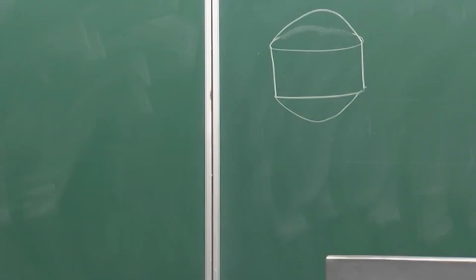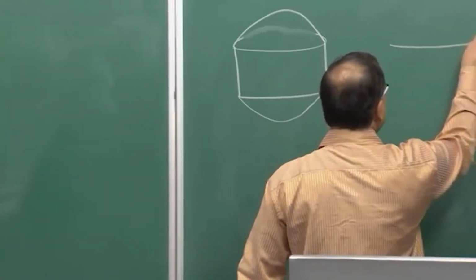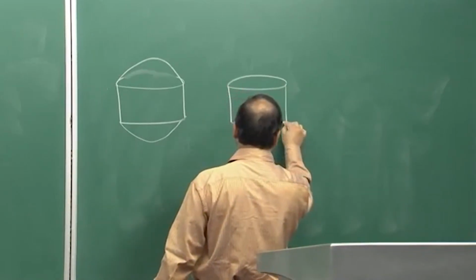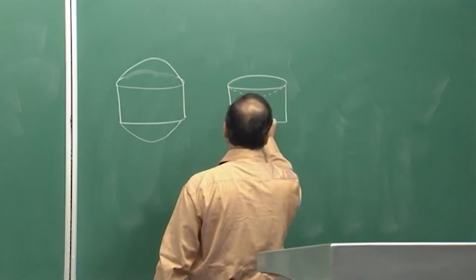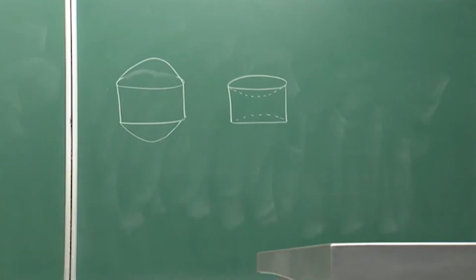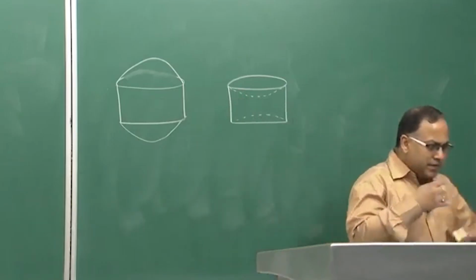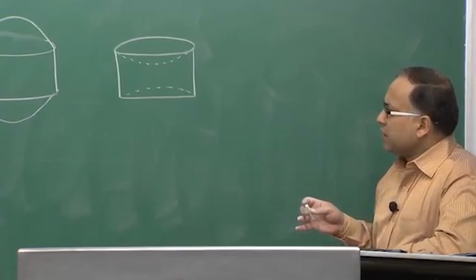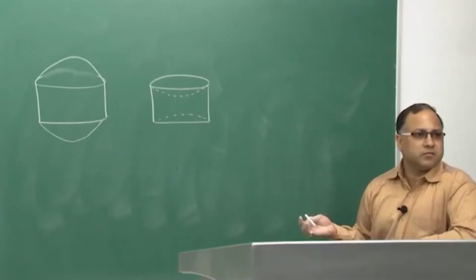Or suppose it is not bulging out, rather it is getting dished in. Some kind of depression you are getting. You may get the bulging out or dished in configuration. I do not know which configuration it will take, I am just assuming.